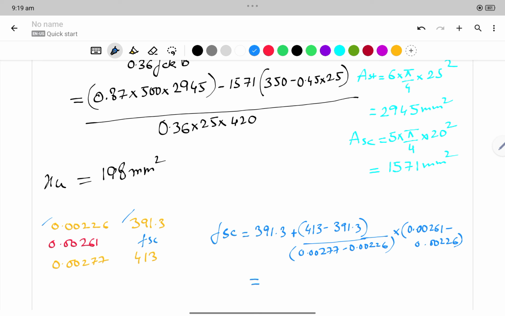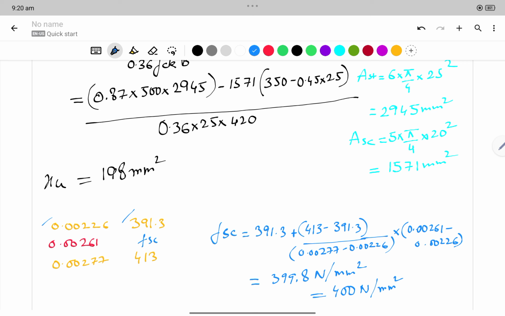So what is coming? It is coming as 399.8 Newton per mm square. So we can tell it as 400 Newton per mm square. Okay.